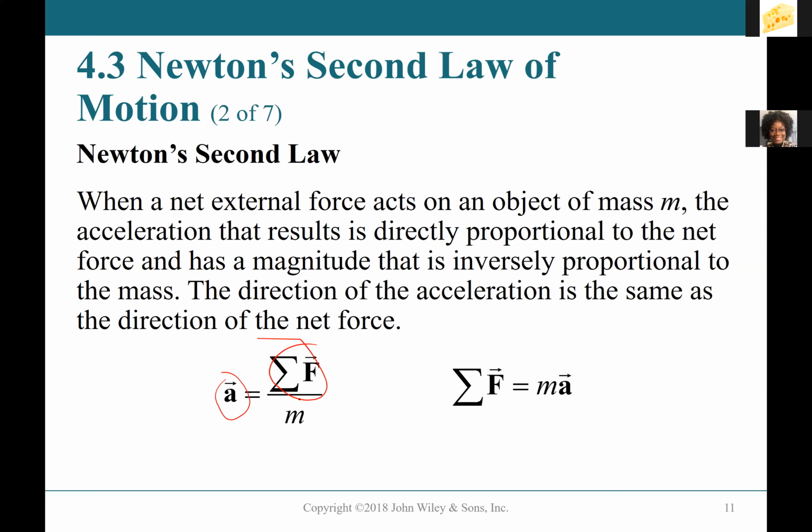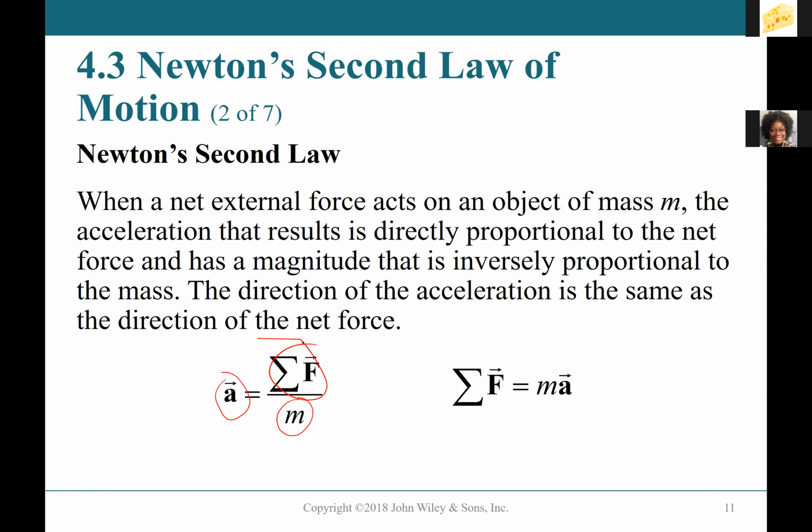That means if my object gets smaller, for the same force, the acceleration gets greater. So when it says directly proportional, that tells me as A gets bigger, F gets bigger. Inversely proportional, as A gets bigger, M must get smaller if F remains constant.